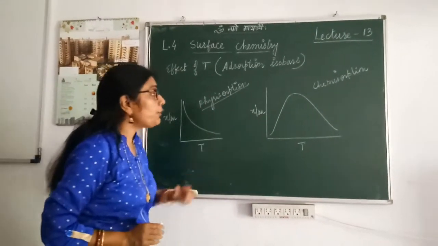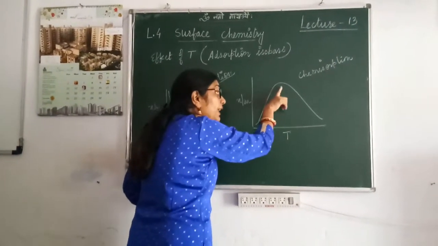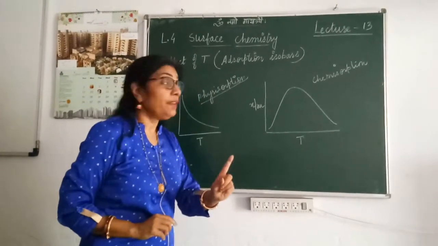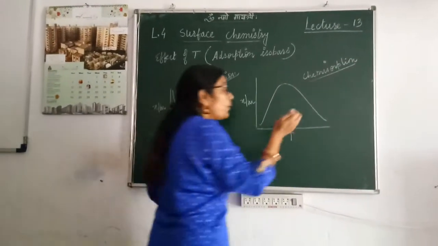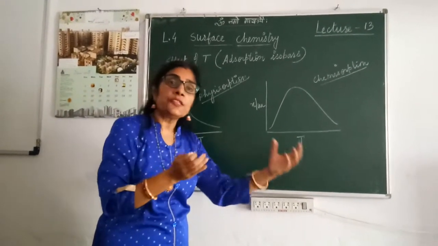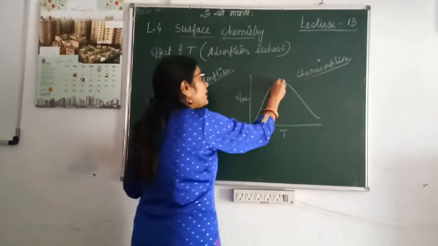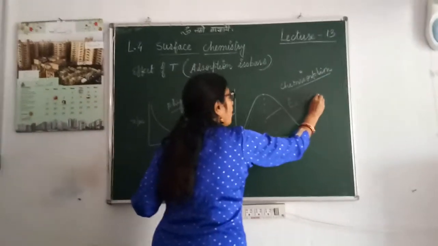But here, what is going to happen? Why is it so? First of all, it increases, attains a peak, but thereafter it decreases. If you remember, I discussed that in chemisorption there is a force of attraction between the adsorbate and adsorbent, so that there is a chemical bond. In this case, activation energy is required.